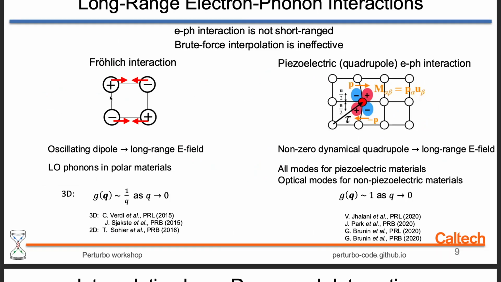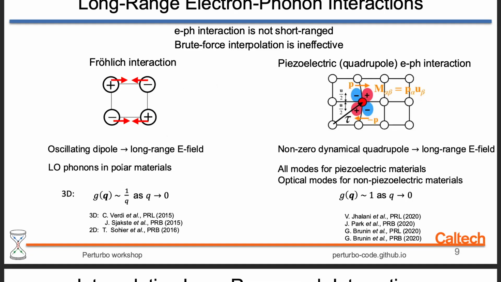Oftentimes the bigger contribution will be this Froelich interaction, which is a dipole interaction formed by atomic displacements. You can envision this as all the negative ions displaced in one direction, all the positive in the other. I think actually these arrows should be flipped. But yeah, this will create a dipole field.